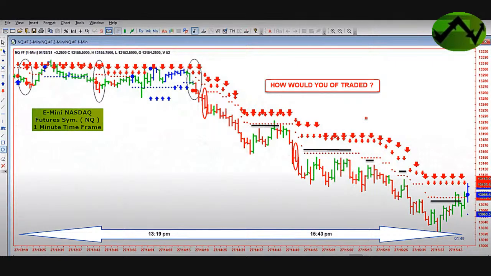So from here to here, I'm sorry. Sorry about that. From here, right here, if you can see my mouse pointer, from here to right here is one trade.